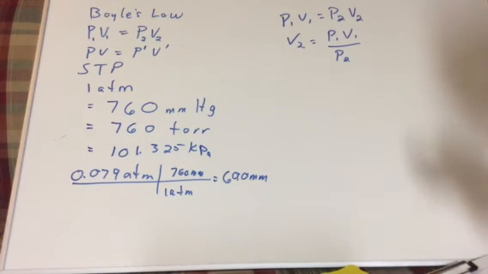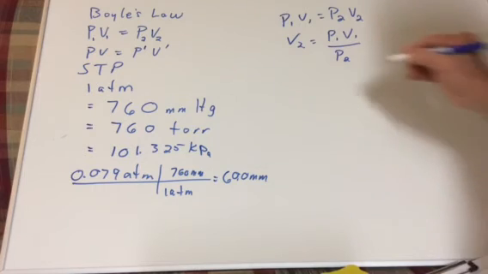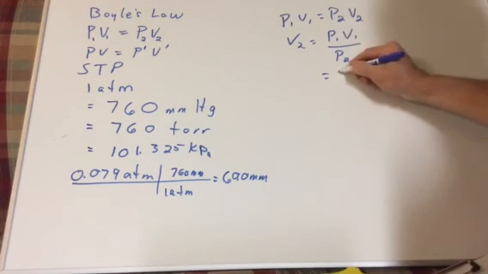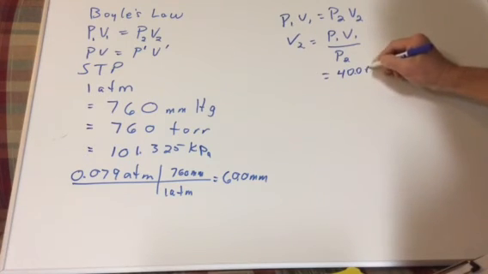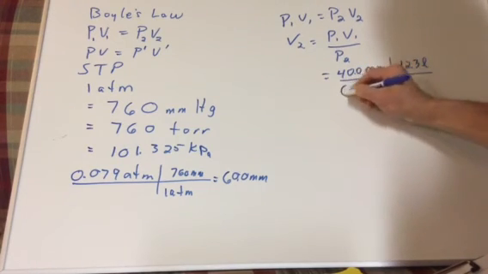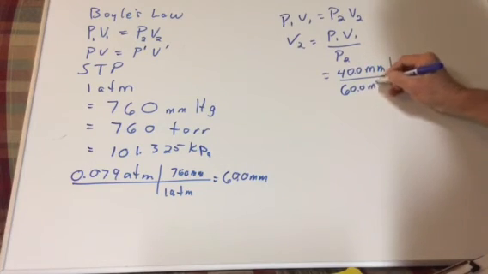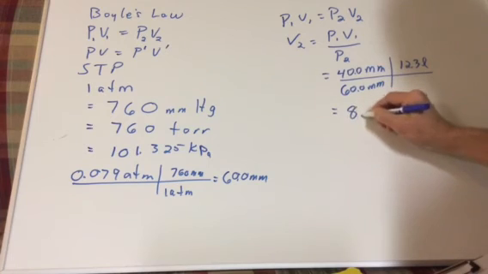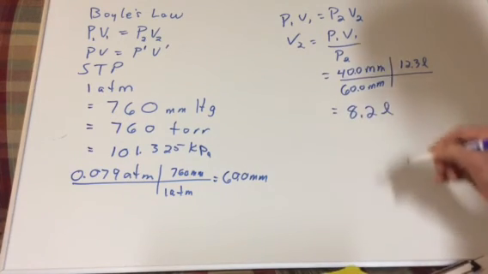And here's where you're just going to have to use some of your mathematical skills. So you go back and look at your original: the original pressure was 40 millimeters, the original volume was 12.3 liters, the new pressure is 60 millimeters. And this gives an answer to two significant digits of 8.2 liters.